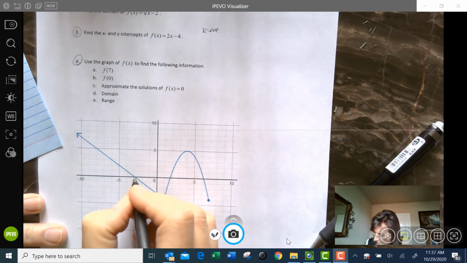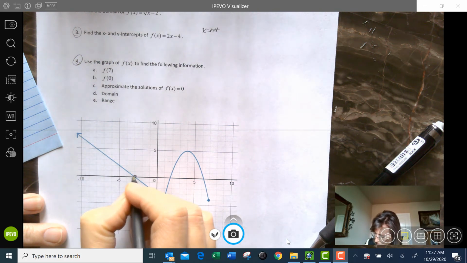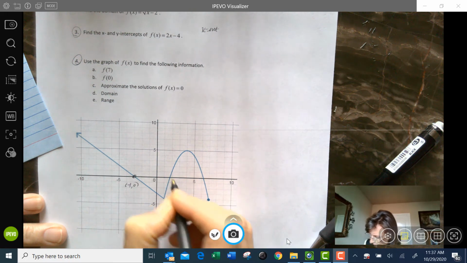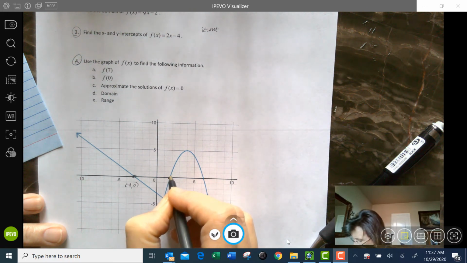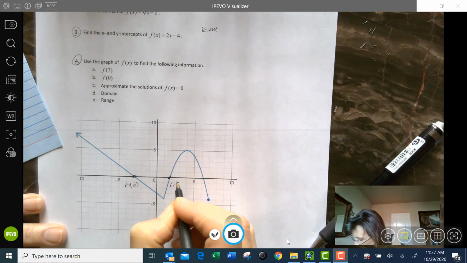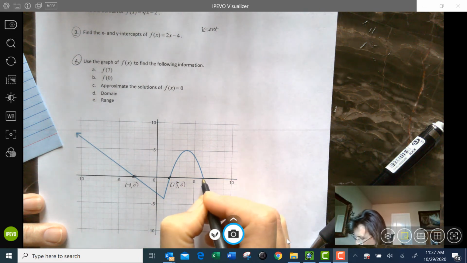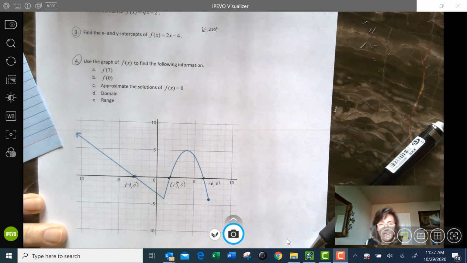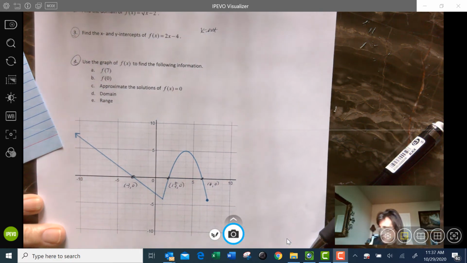Well, it crosses the x-axis here at the point negative 3, 0. It crosses the x-axis here, which we're going to have to do a little guesswork here. I'm going to say that's like 1 2/3, comma 0. And here at the point 6, comma 0, I have 3 x-intercepts.